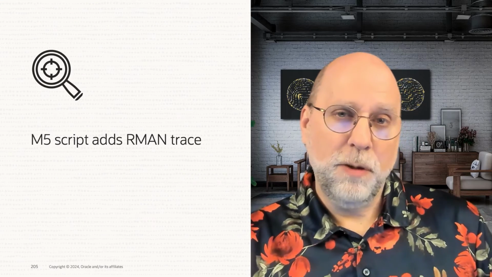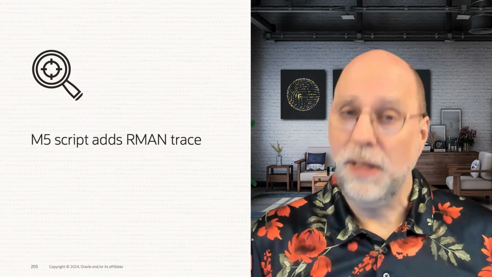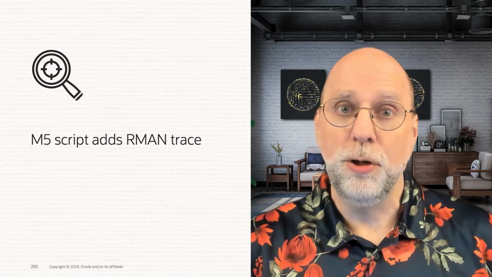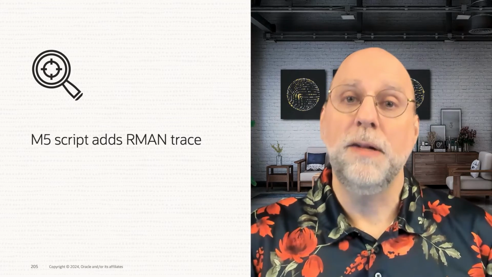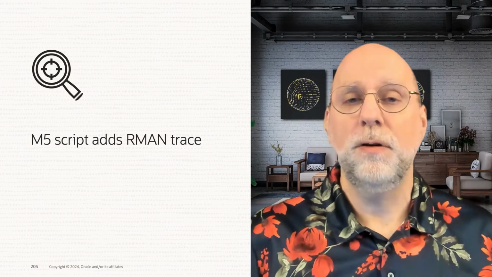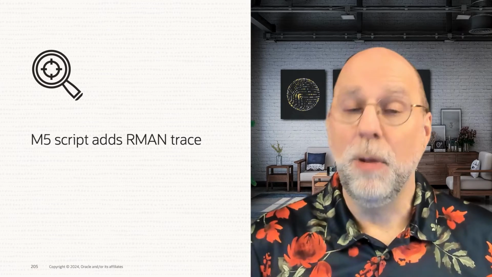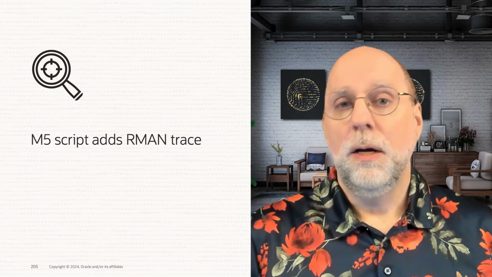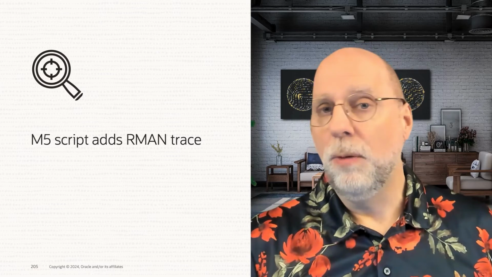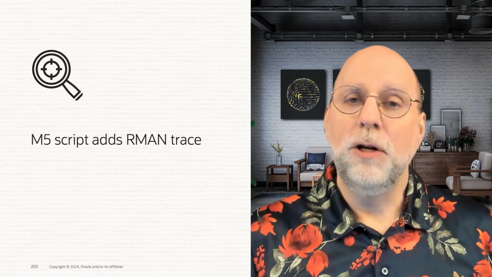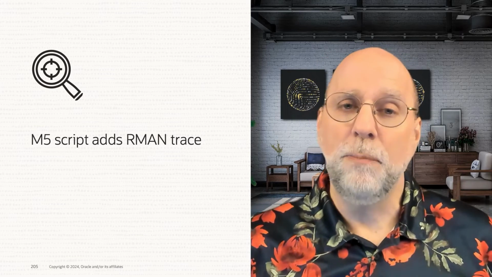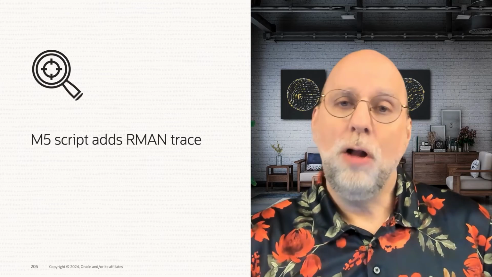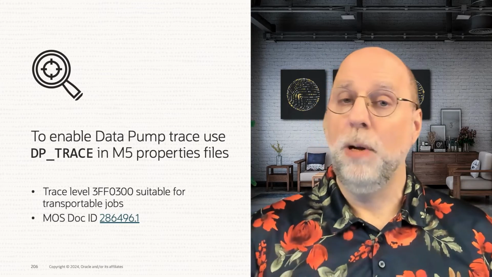The M5 scripts themselves, in order to facilitate monitoring and troubleshooting, have added some basic tracing capabilities so that you don't have to know exactly how to enable them. One of them is the RMAN tracing. So for all of those level 0, level 1 incremental backups, you get the RMAN tracing built in if you're using the M5 script. And it will also allow you to enable data pump tracing.